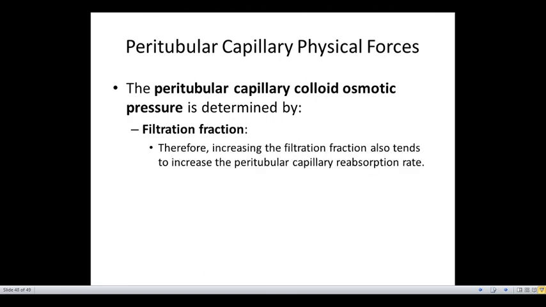So, increasing the filtration fraction tends to increase the peritubular capillary reabsorption rate.